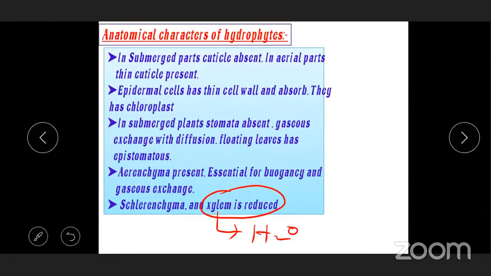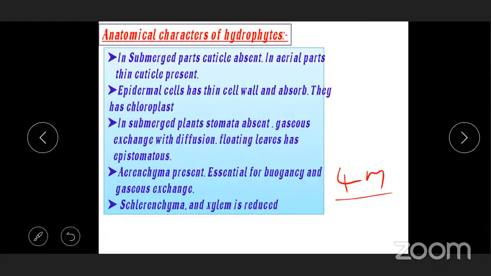That is why there is no need of xylem, because all body parts of hydrophytes have the capability of absorbing water. There is no need of xylem in hydrophytes. So these are the anatomical characters of hydrophytes, important for 4 marks. Most important.